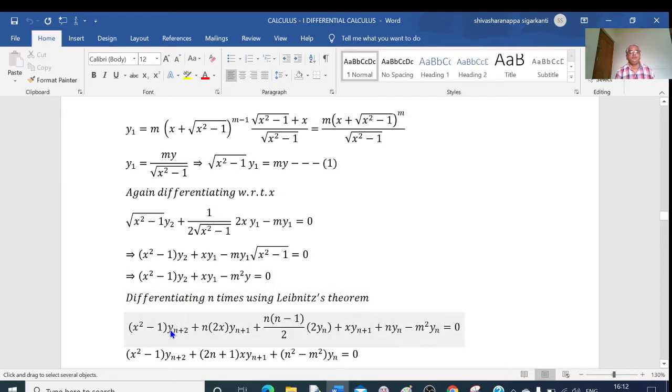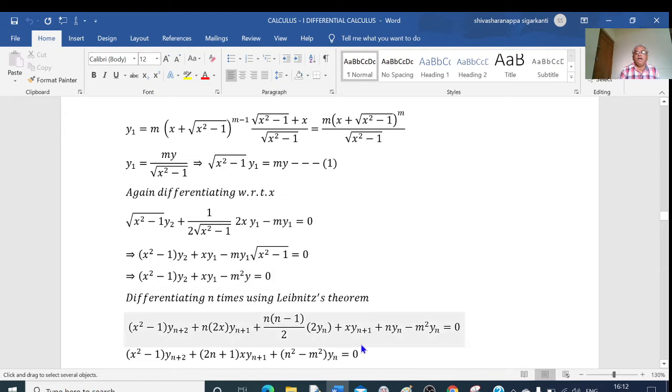Nth derivative of y2 is y(n+2) plus nC1, which is n, into derivative of first term, this x² − 1 is 2x, into one less derivative of the second, y(n+1), plus nC2, which is n into (n − 1) by 2 factorial, into 2x derivative is 2, into one less derivative of y(n+1) is yn. So this is the nth derivative of this term. Plus again finding the nth derivative of this, first I will write x as it is.